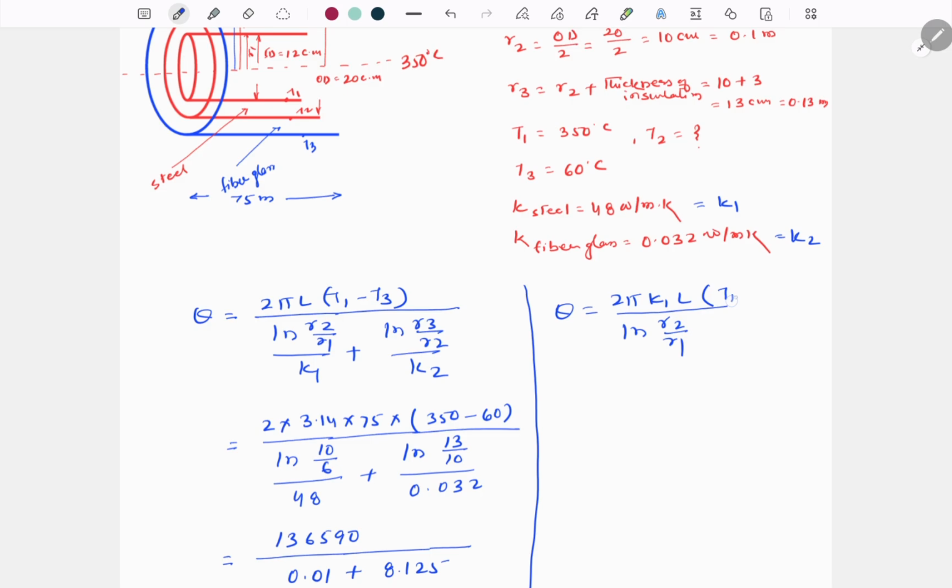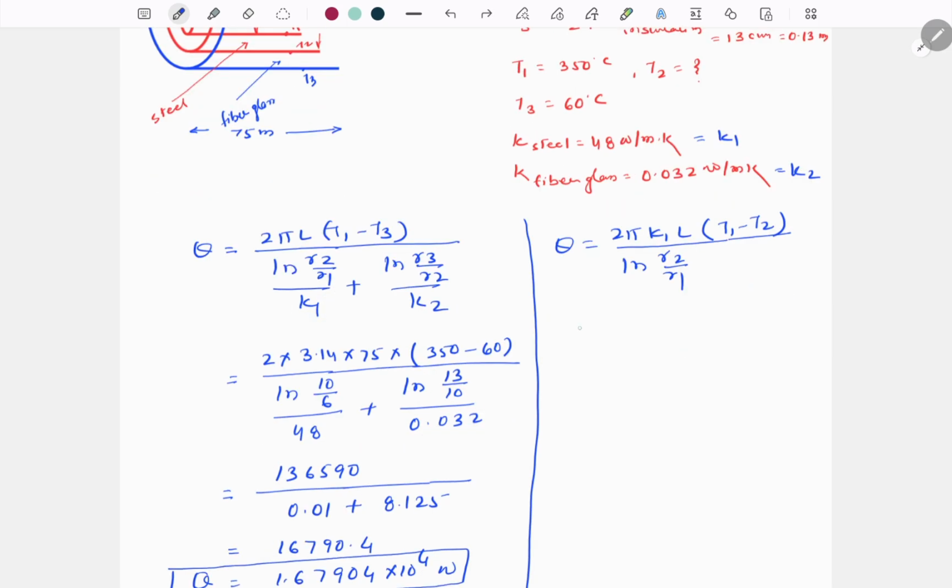Let's rearrange the equation a little bit because we did some calculation in the previous equation. So now it's 2 pi L (T1 minus T2) by ln R2 by R1 by K1.